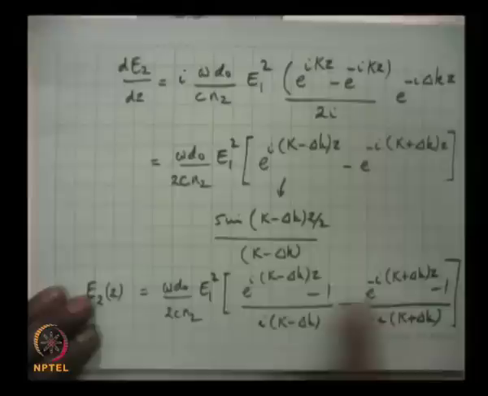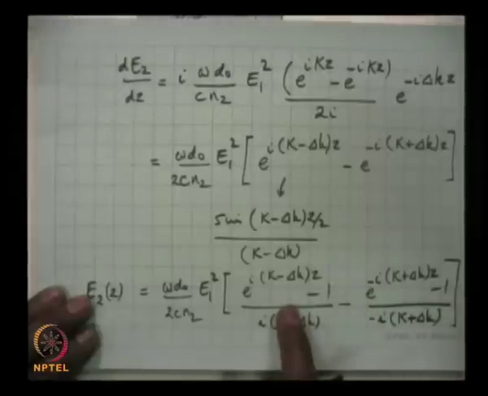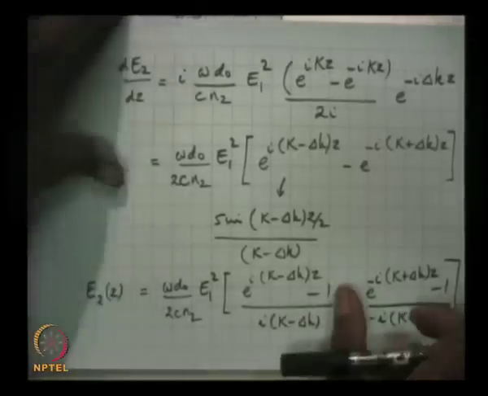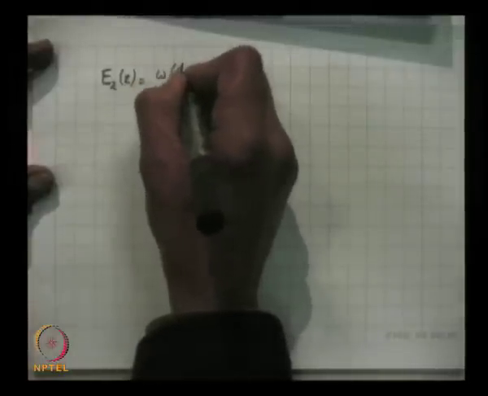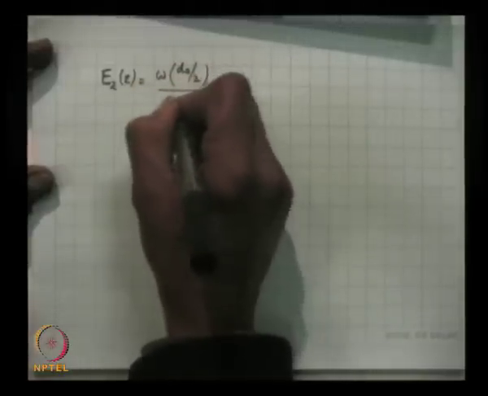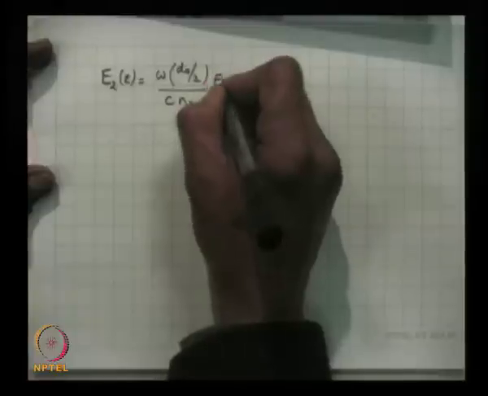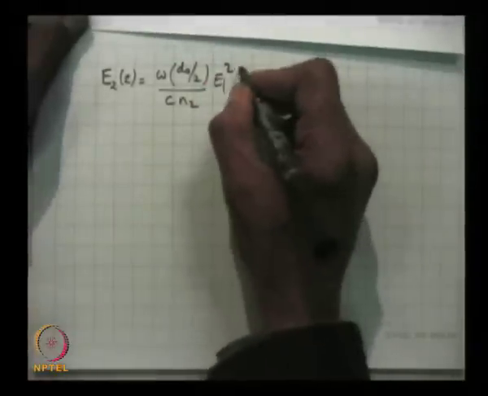So, I can express these two in terms of sine functions. So, let me write this equation. So, I get E2(z) is ω d0/(2 c n2) E1². Now, I will get two terms.